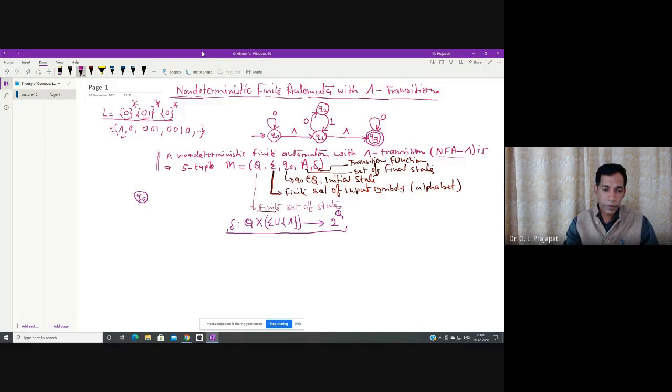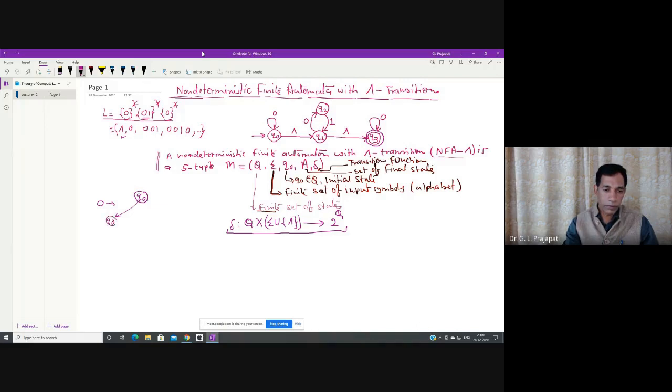Whenever you are at q0 and you supply the input 0 from the state q0, then you know that for the input 0 you are going to make a loop, and hence your machine can be in the same state q0.